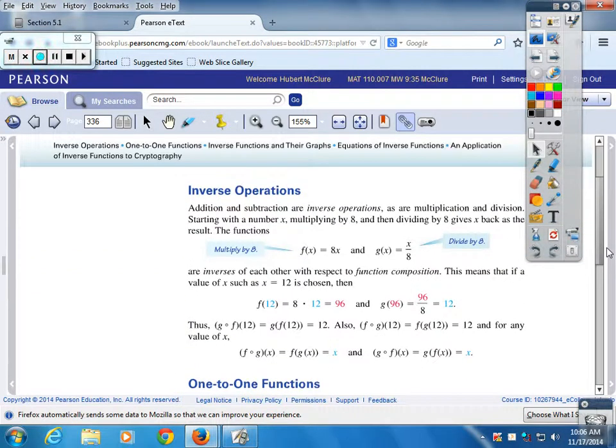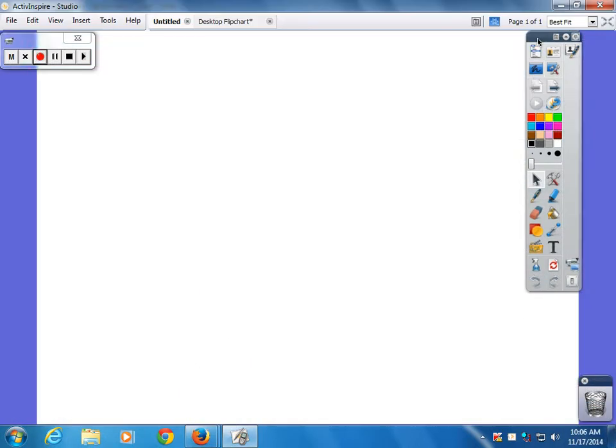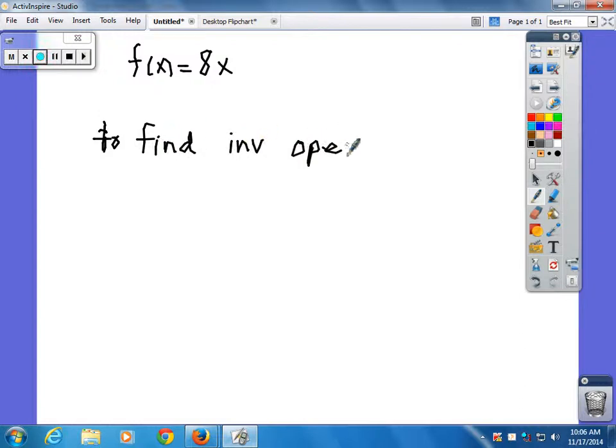Let's take this first one right here. f of x is equal to 8x. Now to find the inverse operation of f of x is equal to 8x, the first thing we do is we change f of x to y.